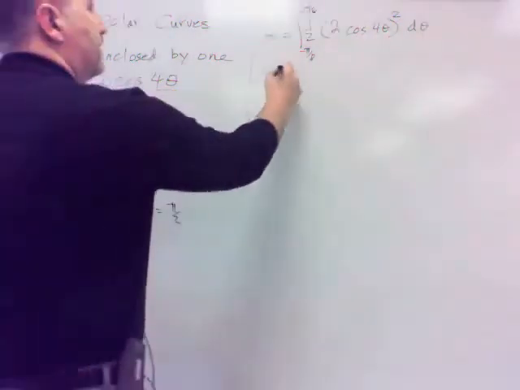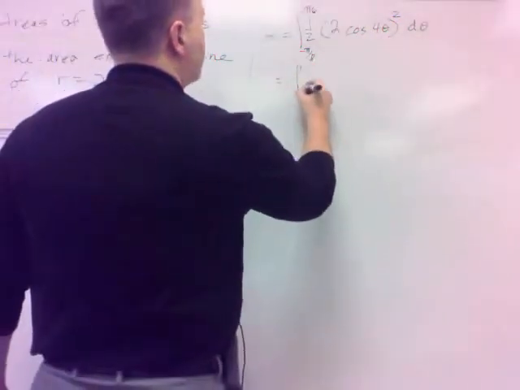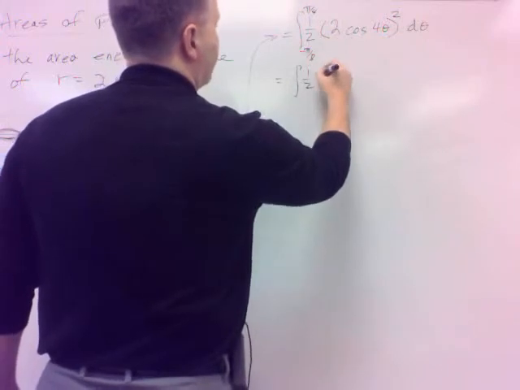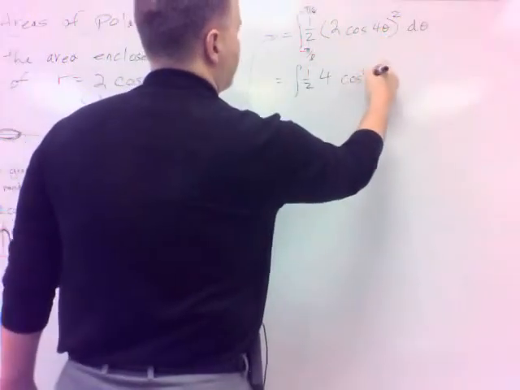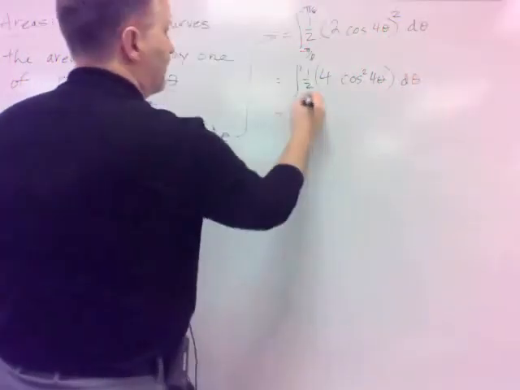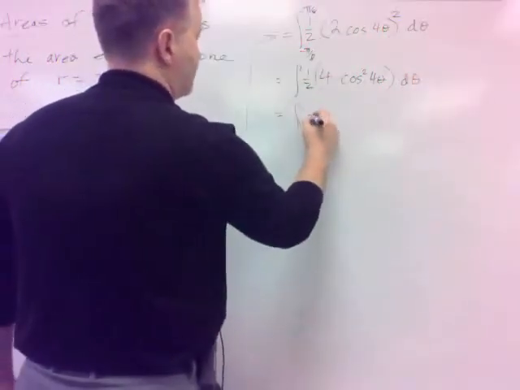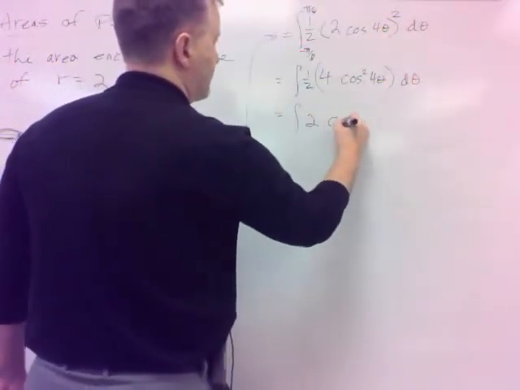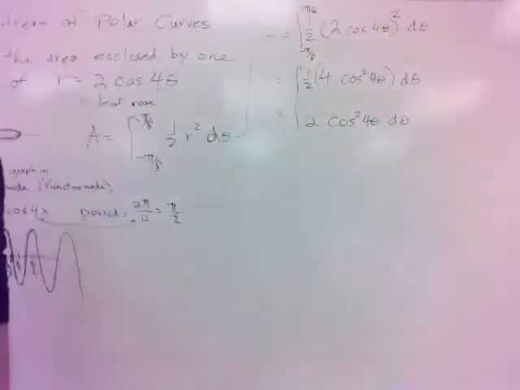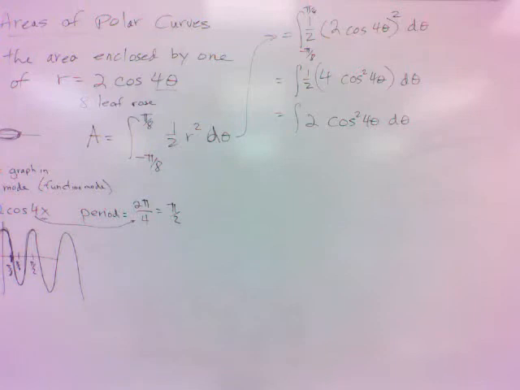All right. So that would be 1/2. I'm going to leave the parameters off here. What would it be? 4 cosine squared 4 theta. I want to square that out. Well, the 1/2 times the 4, that'll cancel to be 2, won't it? 2 cosine squared 4 theta d theta. How am I going to do that little integral? It's another double angle, right?